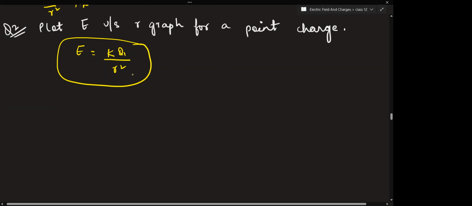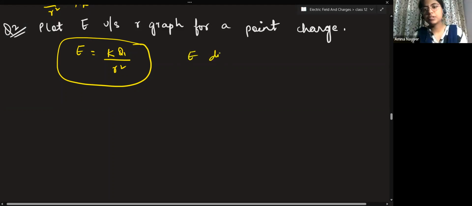E is directly proportional to 1 by R square. Fine. But how is E proportional to R? Distance, only R. Inversely.